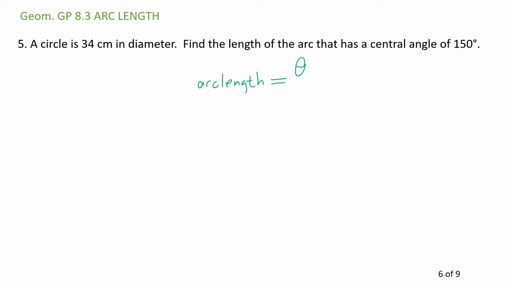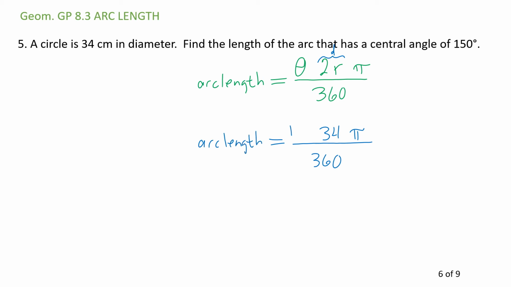It's equal to theta times 2r times pi, all that over 360. I'm going to fill this in based on what I know. It has a diameter of 34 inches. Well, this is the diameter. So I'm just going to put 34 here. The 360 is part of it.